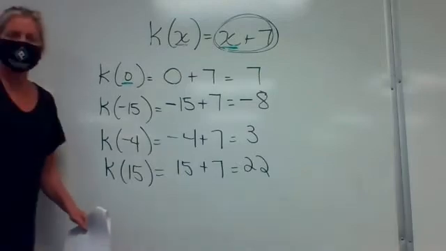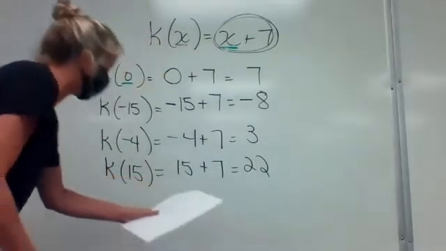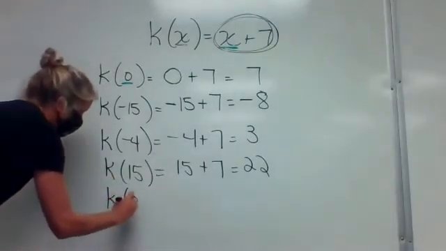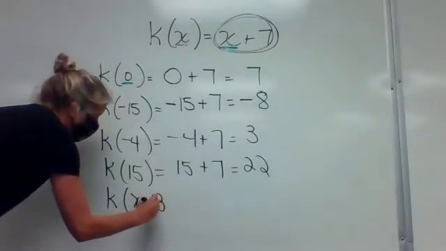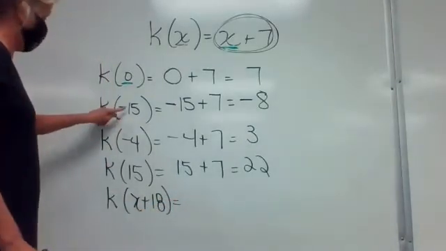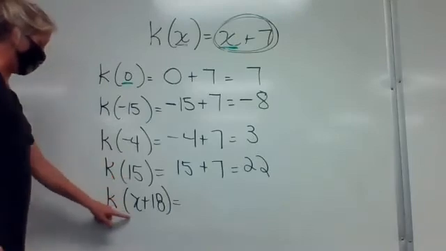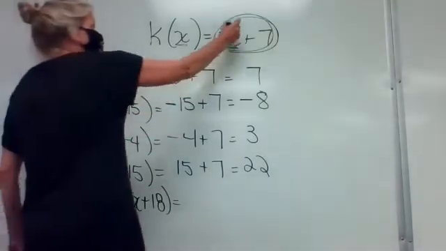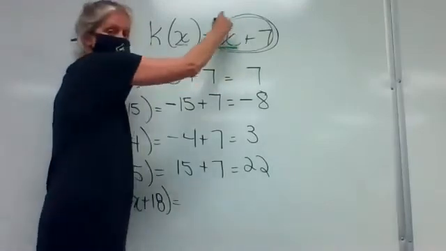Now here's the last one. It's a little bit different. It says find k of x plus 18. So what have we been doing over and over? Whatever is in this parenthesis takes the place of this x.